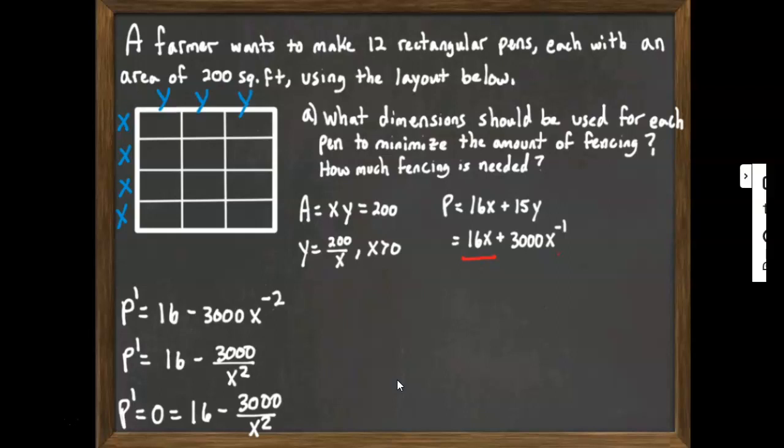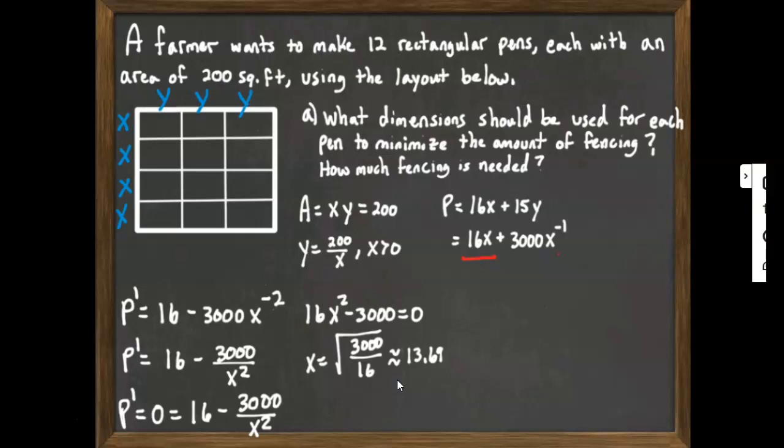Here we can multiply both sides by x squared. That would give me 16x squared minus 3,000 equals 0. And then solve for x squared. So bring the 3,000 over, divide by 16, and then take the square root. So we get x equals square root of 3,000 over 16. That is roughly 13.69 feet.